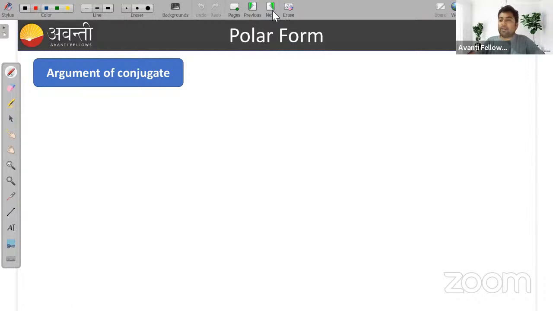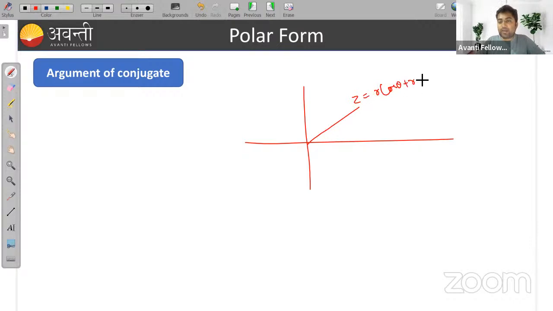How can you find the argument of the conjugate in polar form? Suppose one complex number is given, z, which is equal to r into cos theta plus r into i sin theta. If this angle is theta, then the conjugate of this complex number will be the image of this point in the x-axis, the real axis.